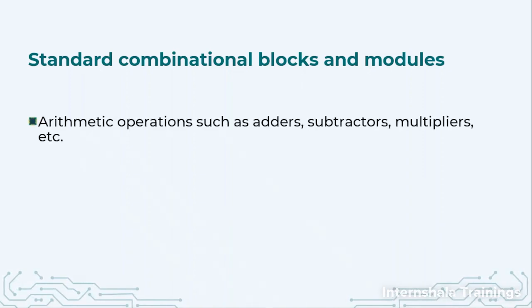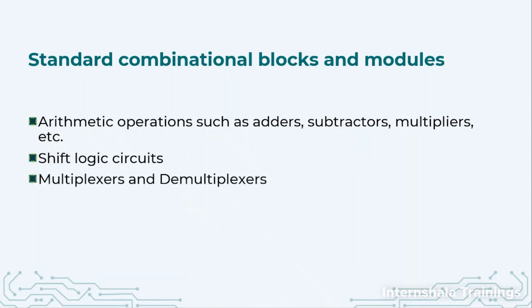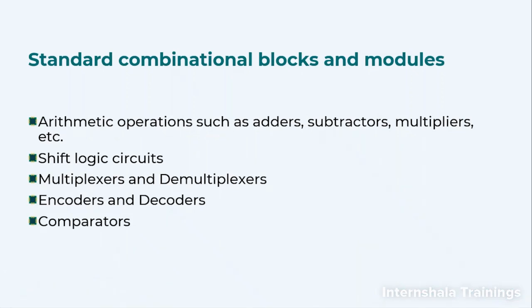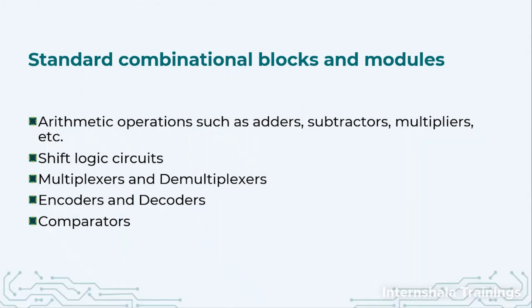So we are going to make arithmetic operations such as adders, subtractors, multipliers. We are going to implement shift logic circuits, multiplexers, demultiplexers, encoders and decoders, comparators. So students, we are going to discuss them in detail in our incoming modules. These will be implemented once and they will be used in the larger system implementations.